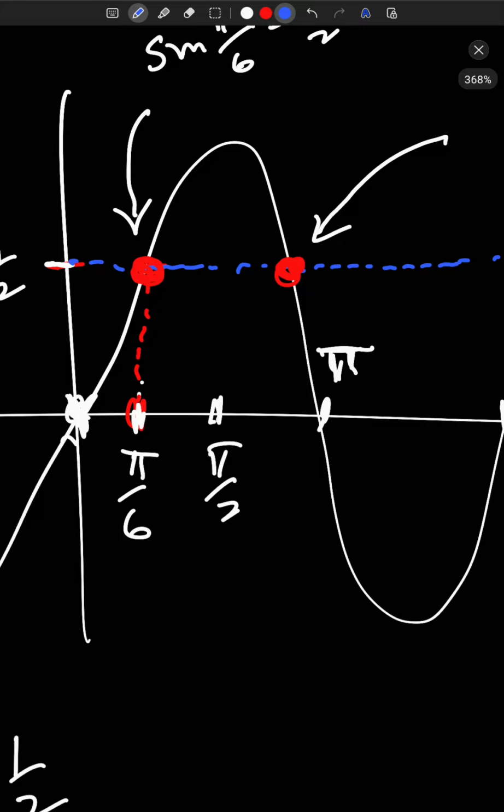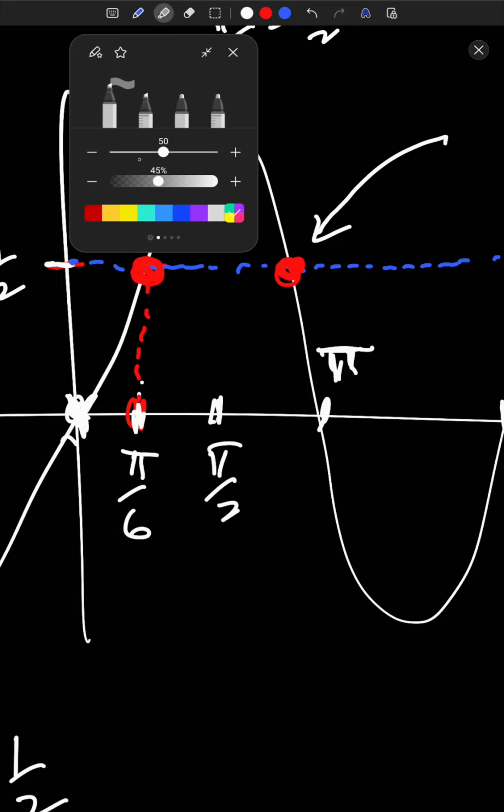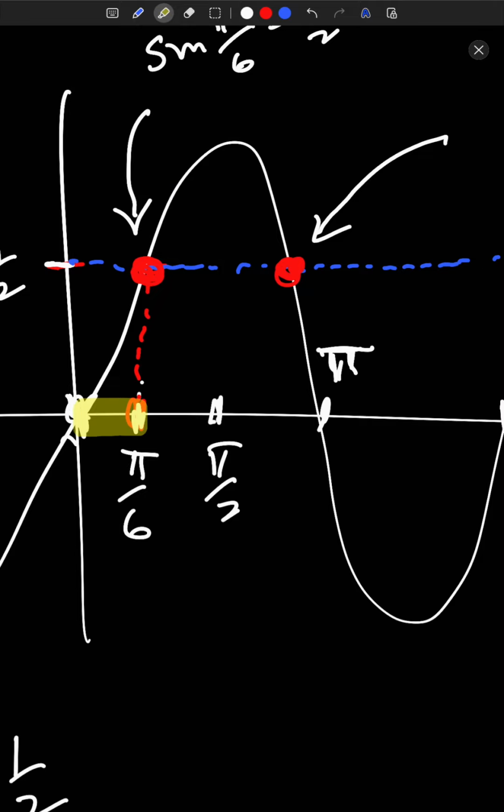Here I noticed that this distance is pi over 6. Why is it pi over 6? Well, that's literally what this point being pi over 6 means, that its distance to 0 is pi over 6.